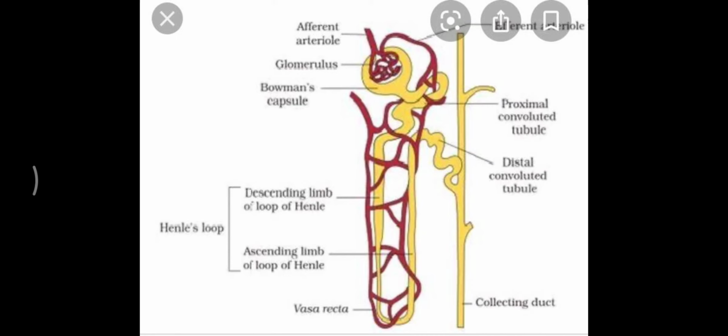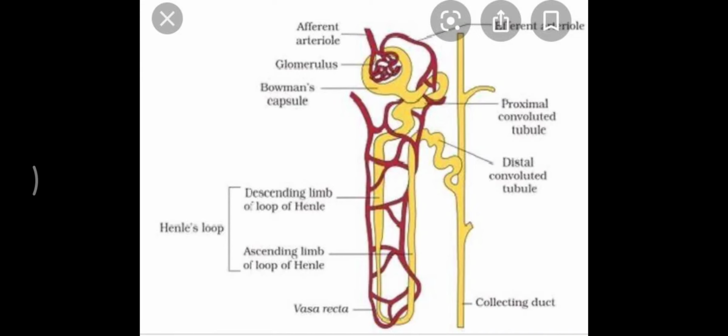I have already told you that wherever the exchange of material occurs, that part is going to have three properties: a large surface area, a thin membrane, and a rich supply of blood capillaries.